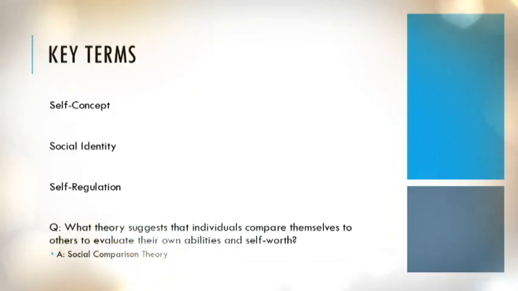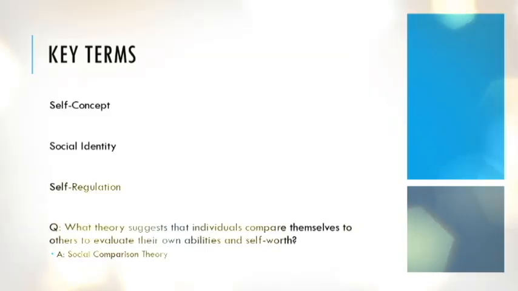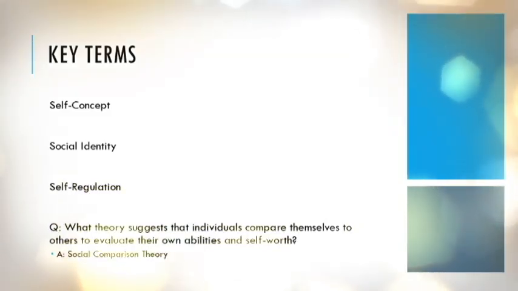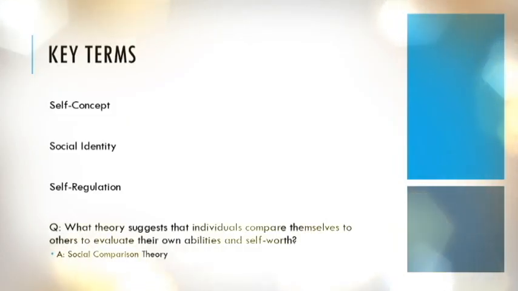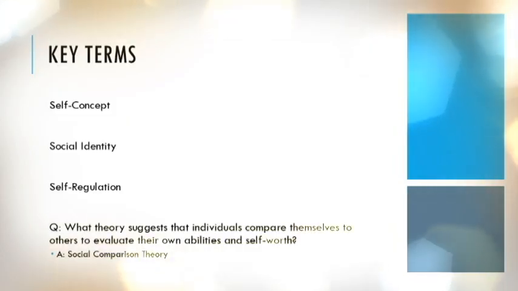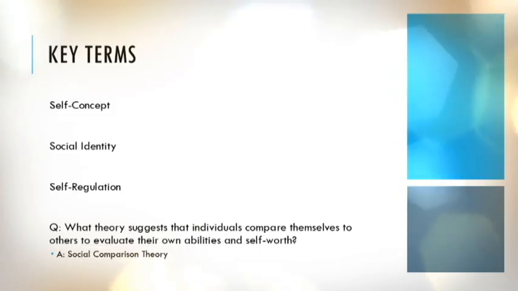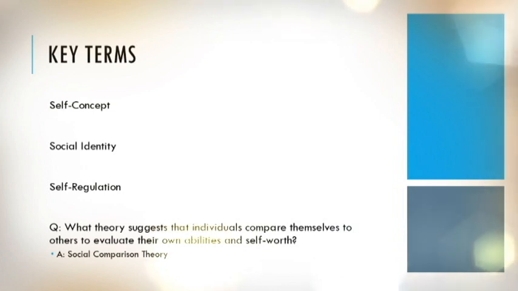And this concept emphasizes that self-concept is influenced by affiliations with social groups such as nationality, ethnicity, or profession. And then there's self-regulation, and this is the process through which individuals control their thoughts and emotions and behaviors in alignment with their goals and societal expectations. And this involves managing impulses and adjusting behavior based on social context.